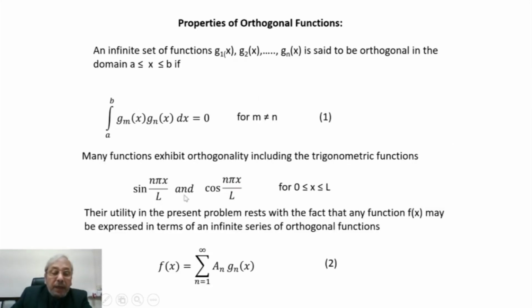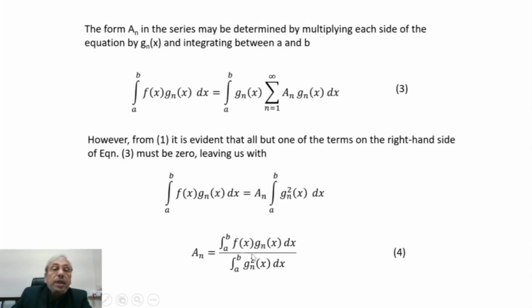So f(x), if we integrate between a and b by multiplying gn(x), and the right-hand side we do the same, integral of f(x) gn(x) dx equals the integral of gn(x) multiplied by the series, dx.